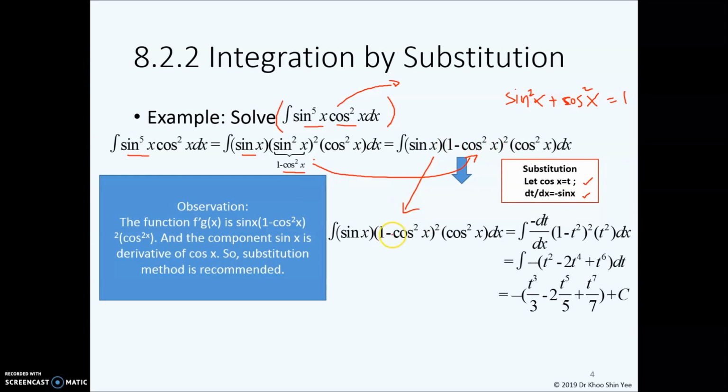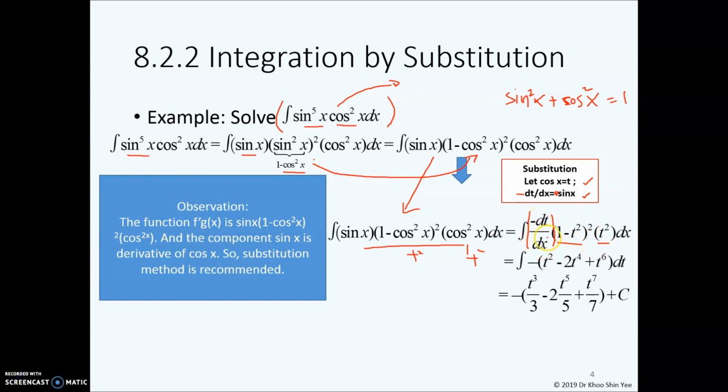Sine x, the first term, is negative dt over dx. Next term, 1 minus, this is our t squared. So we have 1 minus t squared, to the power of 2. And this will be our t squared as well, so we multiply t squared here.